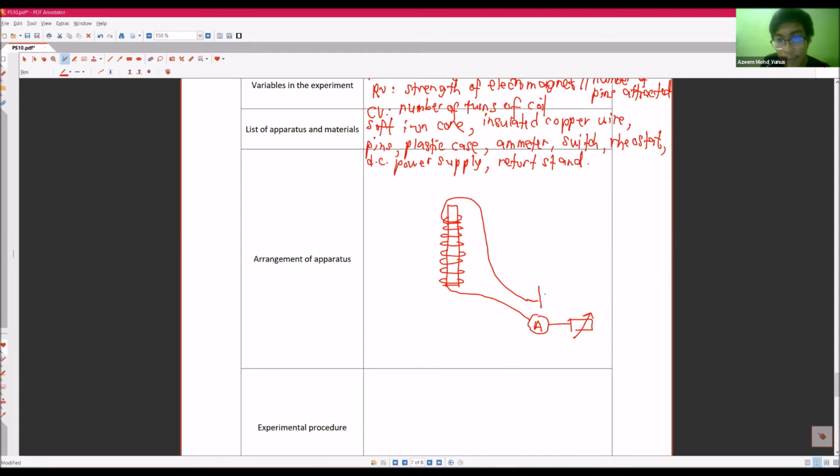Here we have the DC power supply and the switch. And then it's held by a retort stand. Make sure you draw it with a ruler, straight lines. So we have the plastic case with the pins here.